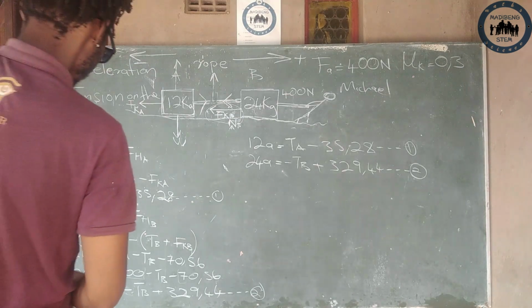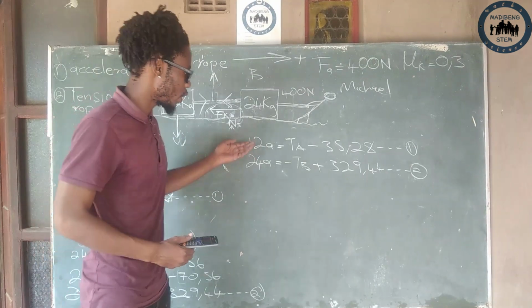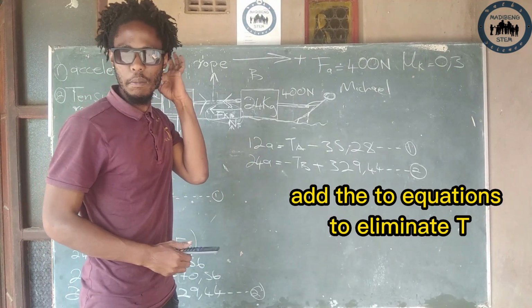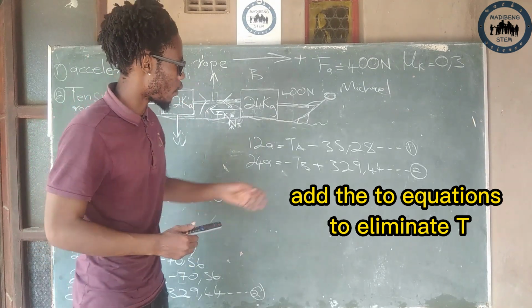So guys, now that we have our final equations, we have these two equations, so we will have to apply the elimination method by adding these two equations together so that we can eliminate our T.